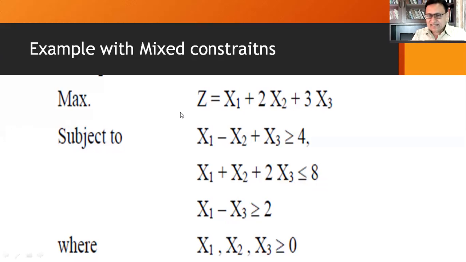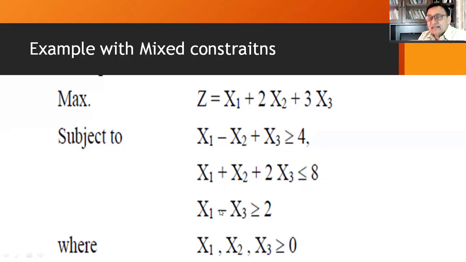Now, in the first constraint, which is of greater than or equal to type, we will introduce a surplus variable to equalize it. So the first step is to equalize the constraints. When the constraint is of greater than or equal to type, we introduce a surplus variable: x1 minus x2 plus x3 minus s1 equals 4. The second constraint is of less than or equal to type: x1 plus x2 plus 2x3 plus s2 equals 8.